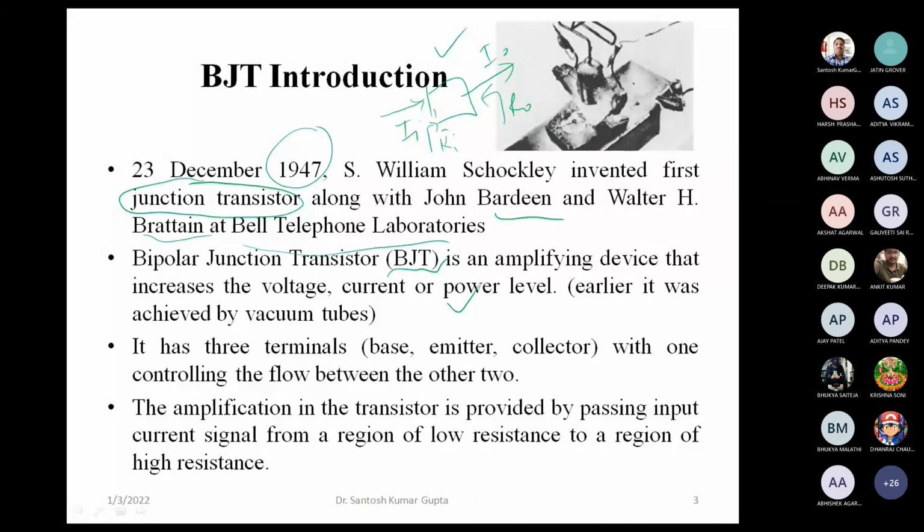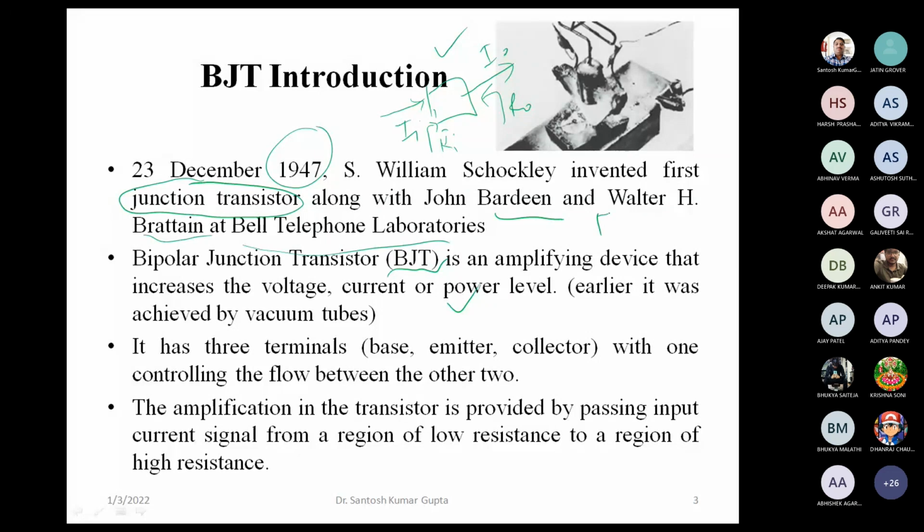So these have several applications, and in modern day one can say integrated circuit technology depends on such a device, which is quite similar to this, but different in working.